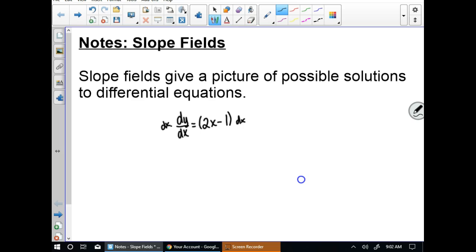This one's really simple because we just have our dy on this side, and 2x minus 1 on the other side. So if we integrate both sides, we get y equals x squared minus x plus c.